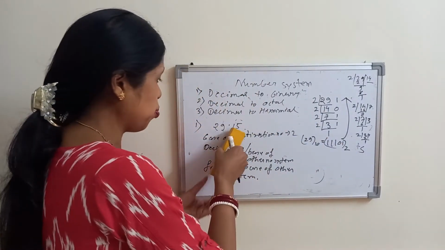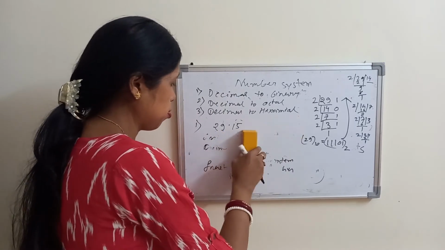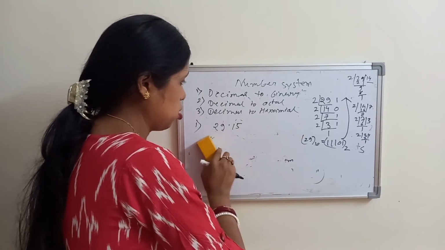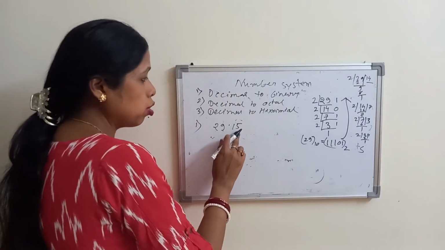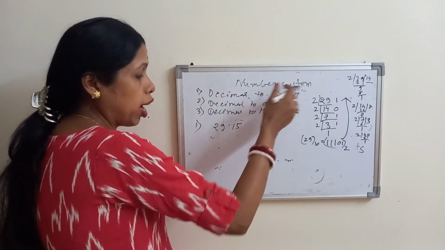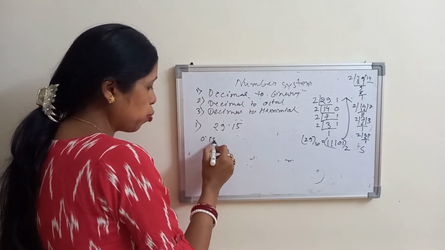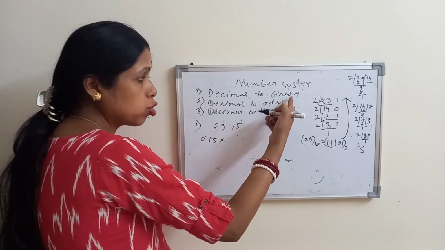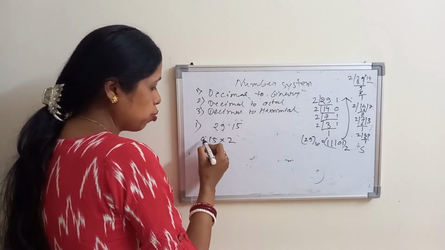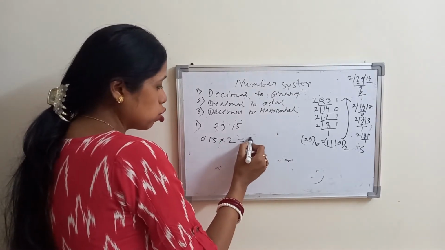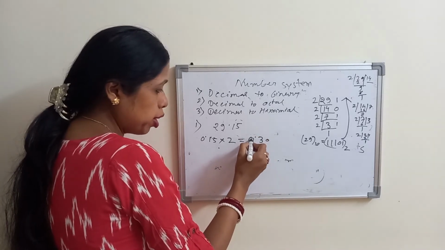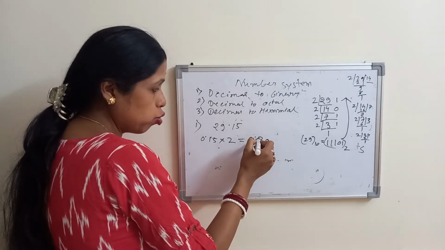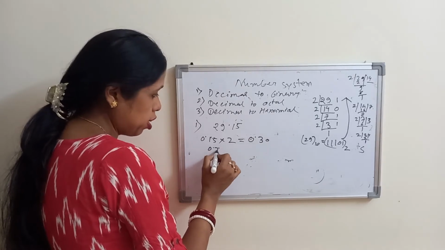Now come to the fraction part, 0.15. For the fraction part you have to multiply the number by the base of the other number system. The base is 2 for binary. So if you multiply 0.15 by 2, you get 0.30. The 0 will be stored as a result, and you take 0.3 here.